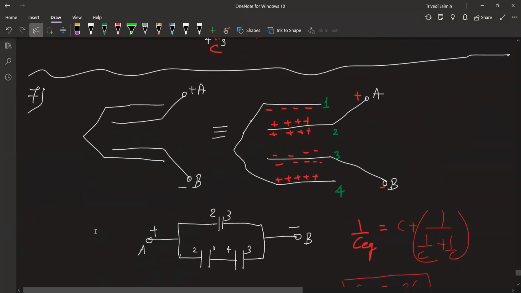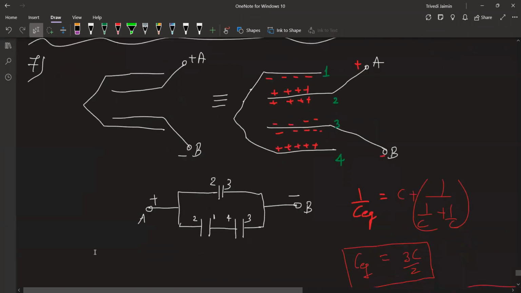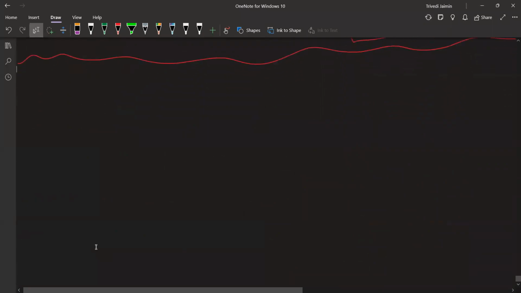Capacitor, series, parallel, nothing in this one. If we remember the formula, just substitute values, that's it. The main thing in the question is understanding diagrams. If you understand the diagram, how to resolve it, how to start, finish. That's it. Just substitute values and finalize the answer.